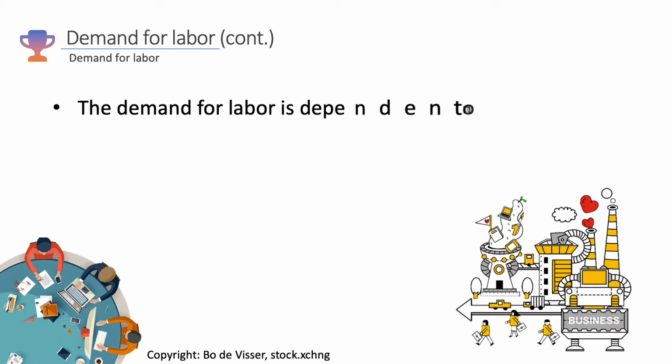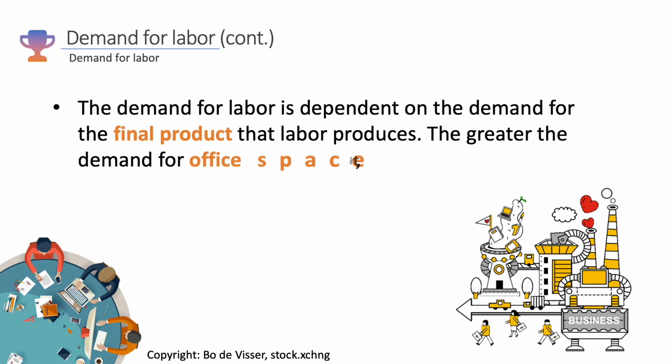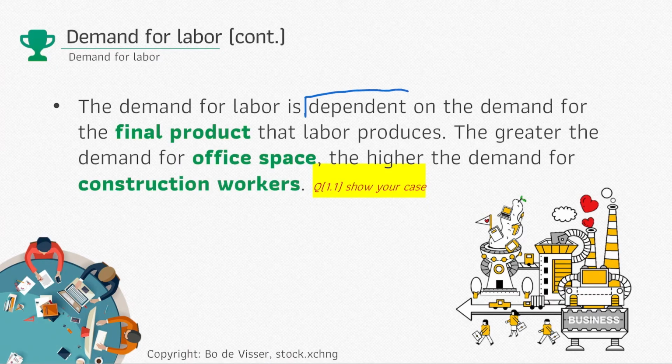Clear? The demand for labor depends on the demand for the final product that labor produces. The greater the demand for office space, the higher the demand for construction workers.